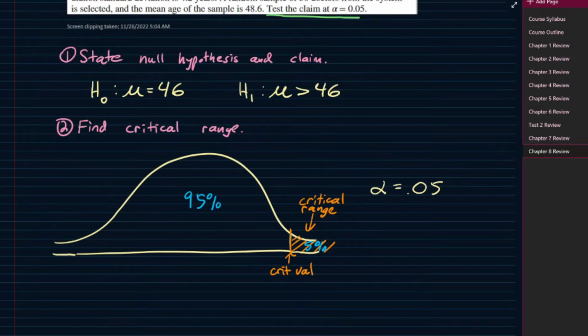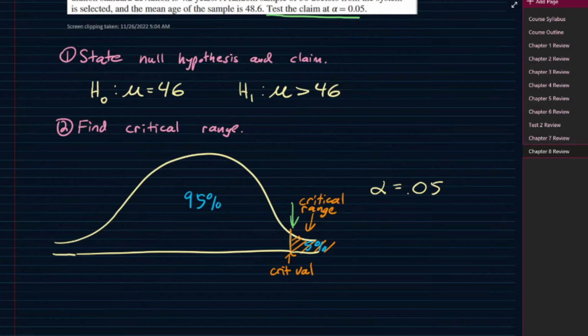So we're doing z-scores here. So we've got to, unfortunately, again, use the z-tables. And z-tables, since they give the area to the left of a value, and we're looking for this value right here, we're going to be looking for the z-value that has an area to the left of it closest to 0.95, aka 95%.